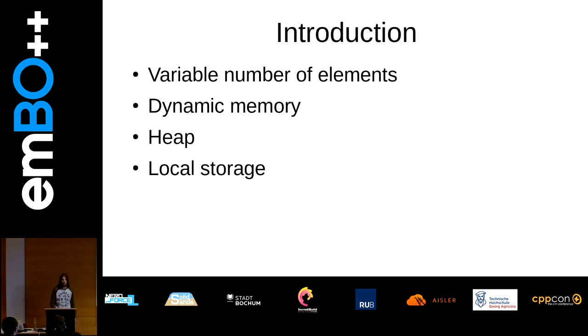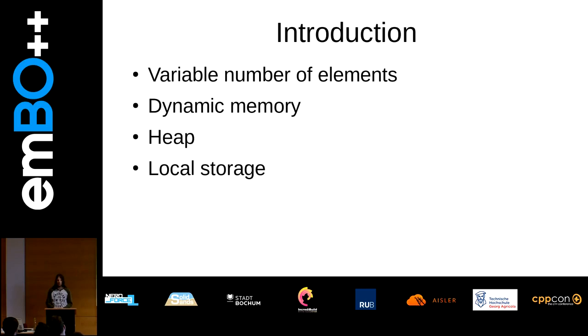So, why do we need allocators? A lot of applications need a variable number of elements. For communication protocols or such, you may not know how many messages or elements you get, and that is why you need a variable sized buffer to hold those messages.